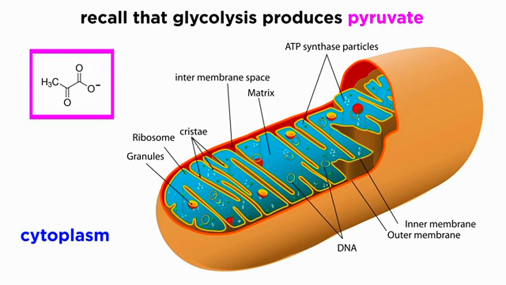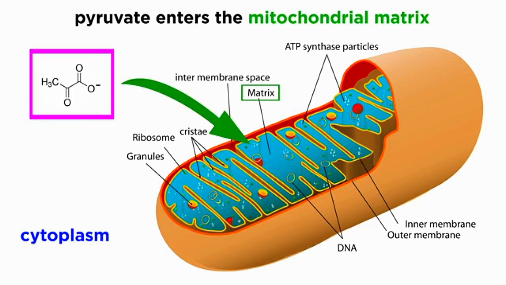Recall that glycolysis produces pyruvate. This pyruvate does not begin the Krebs cycle immediately.